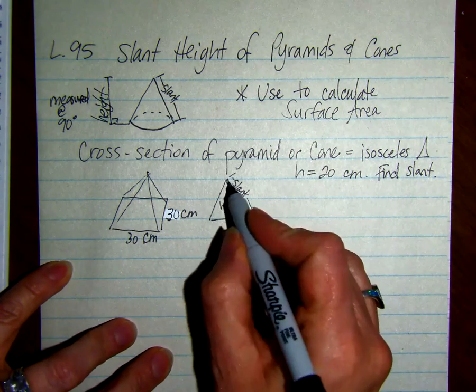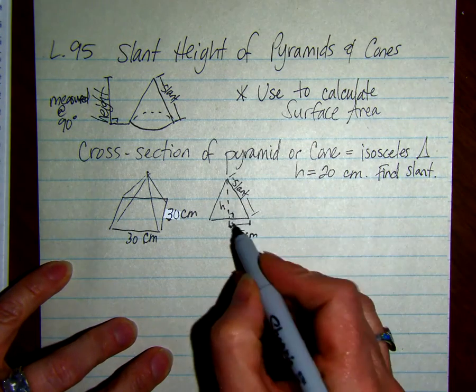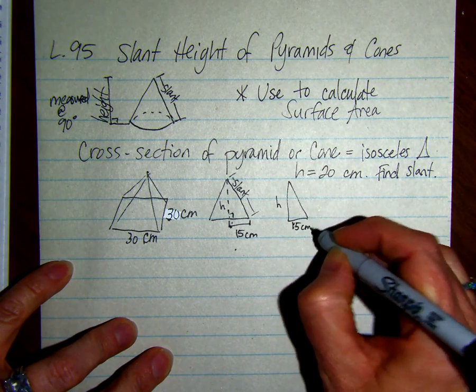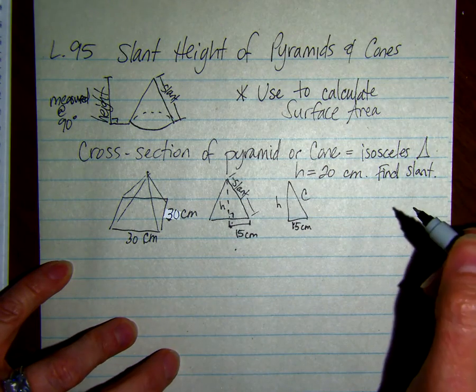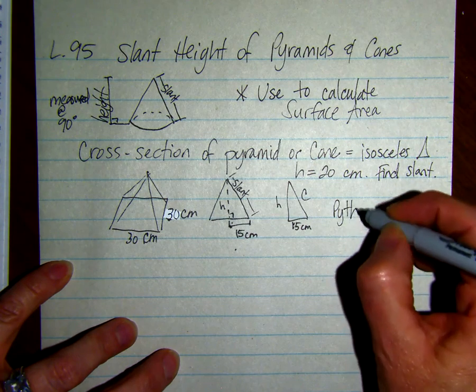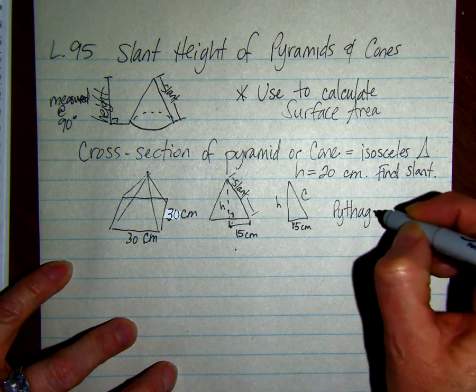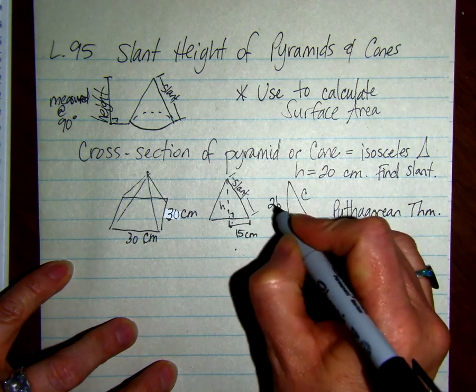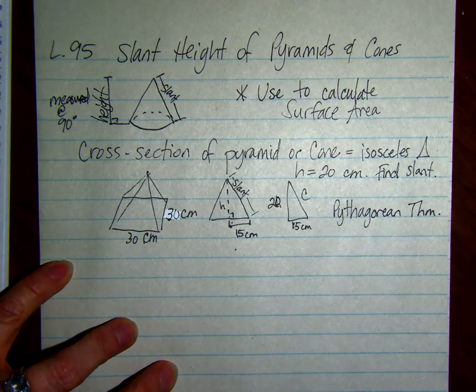If we look at this as a right triangle, we have the height, the 15 centimeters, and we'll call the slant height c. We can use the Pythagorean Theorem. Oh, I forgot, we can put this height as 20 because that's what was given.